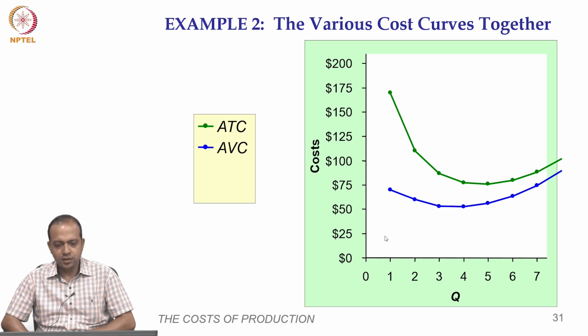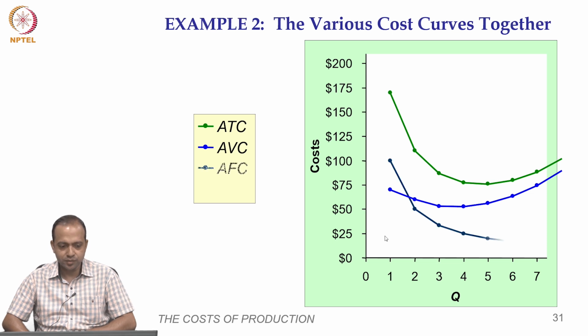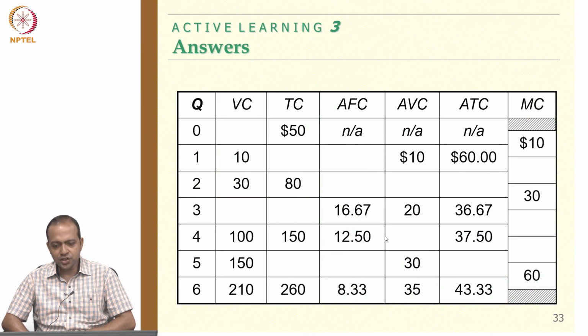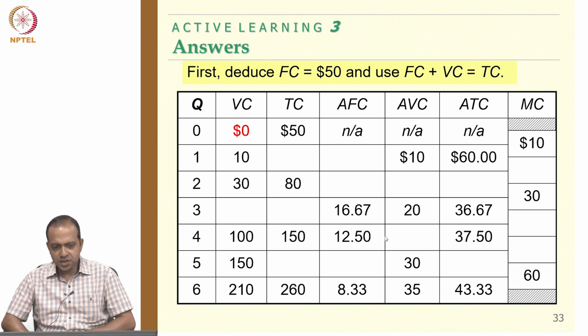Look at this. Initially both of them are falling, after that ATC is increasing because AVC is increasing, but AFC is continuously falling, and this is marginal cost, initially falling and then increasing. We have a relationship between fixed cost and variable cost in a tabular format.